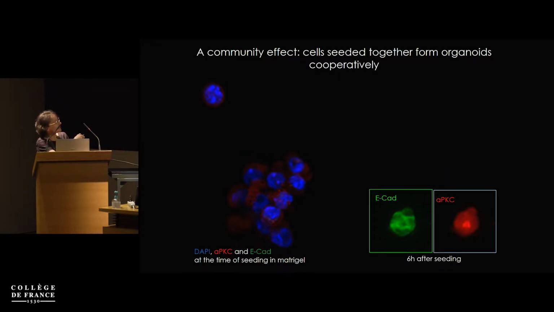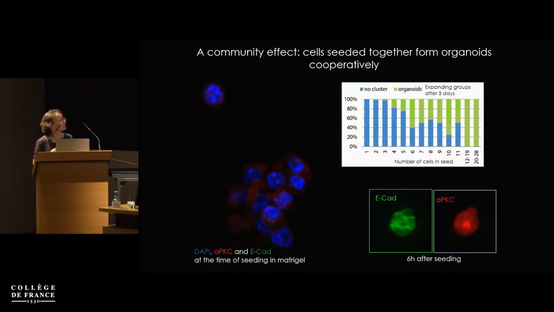Sometimes the cells land as single cells, sometimes doublets, sometimes 10 cells, and what they do immediately is polarize. They compact, and they form junctions that you see marked here by E-cadherin, and they polarize to form an initial rosette. So that's the apical side here. And the basal side is facing the matrix, and we know that the matrix is what controls the polarity.